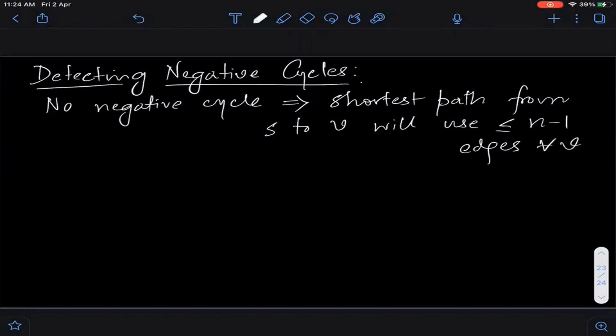Okay, for all V. Okay, so that's what we have proved. Now somehow we want to use this property to be able to detect negative cycles.